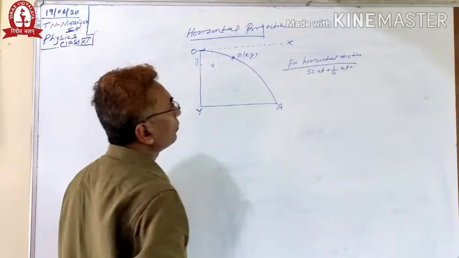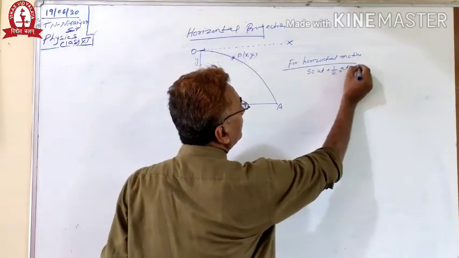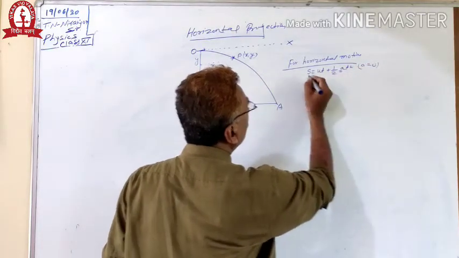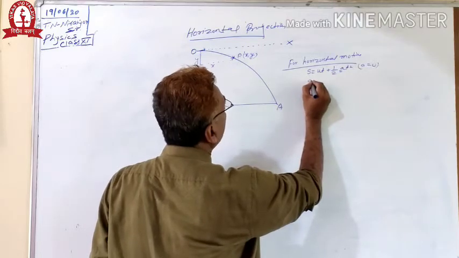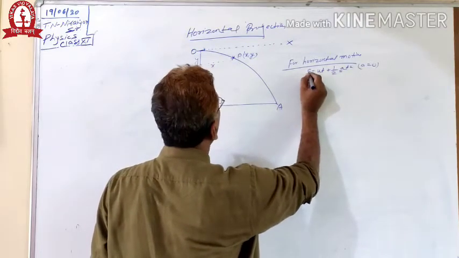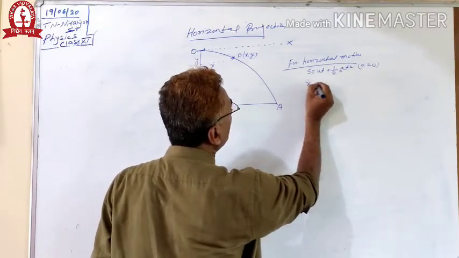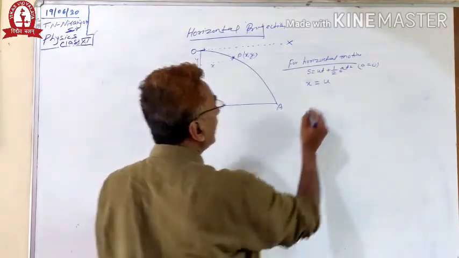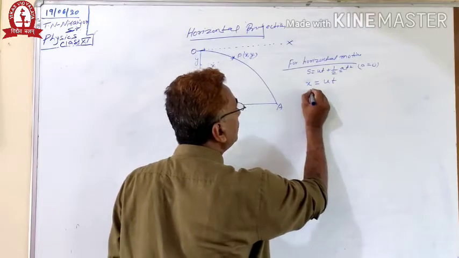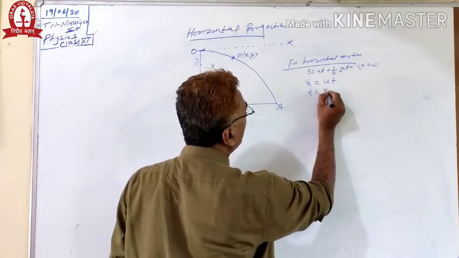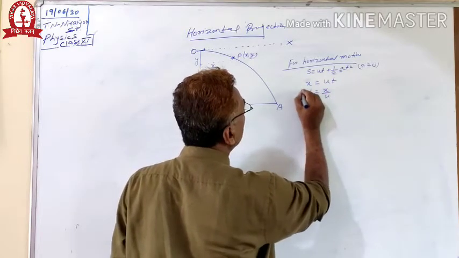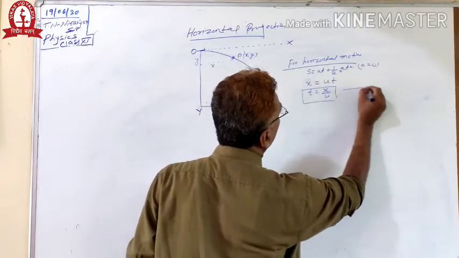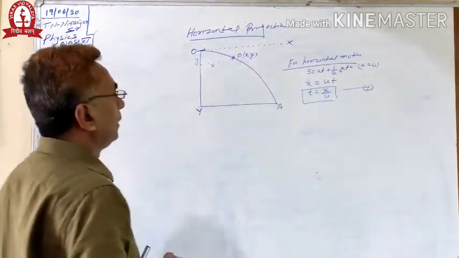In horizontal motion, a is 0. In this case, a is equal to 0, right? So S, which in this case is x, is equal to u, and the time we denote as t. So x = ut, and t = x/u. This is equation number 1, right?